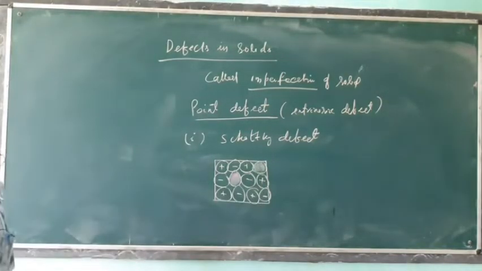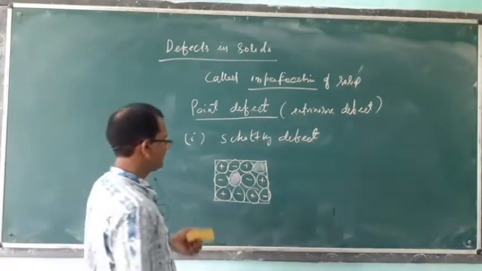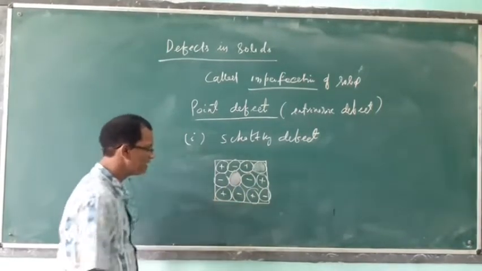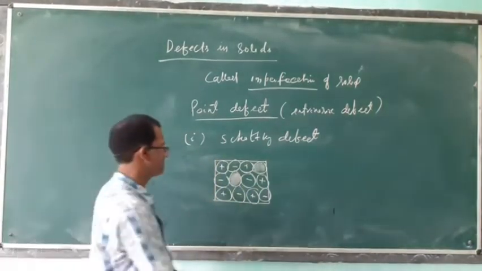And as the cations and anions are missing, density decreases.